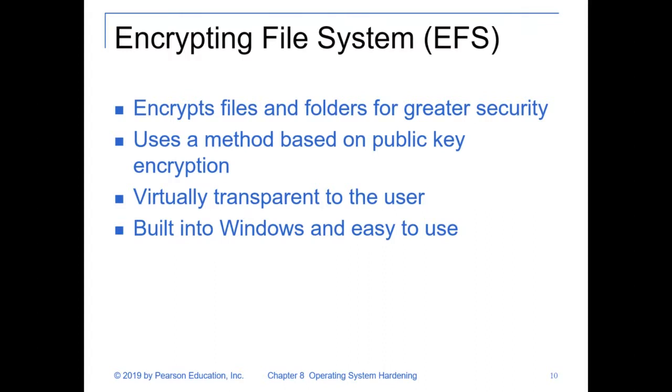The files are encrypted with a randomly generated file encryption key. It's independent of a user's public-private key pair. And it makes this method of encryption resistant to many forms of cryptanalysis-based attacks.